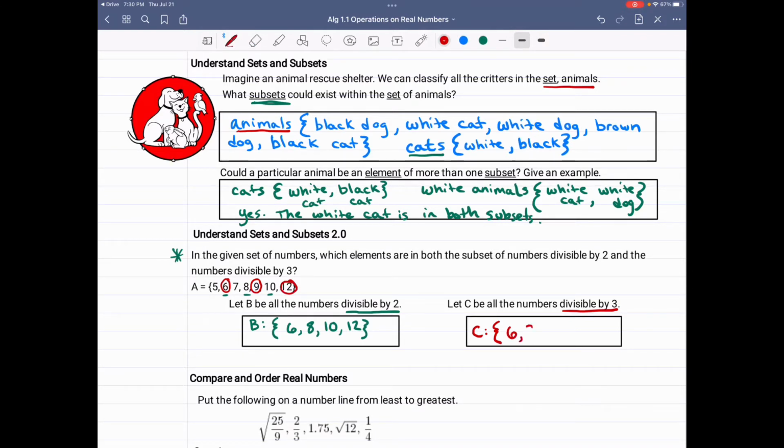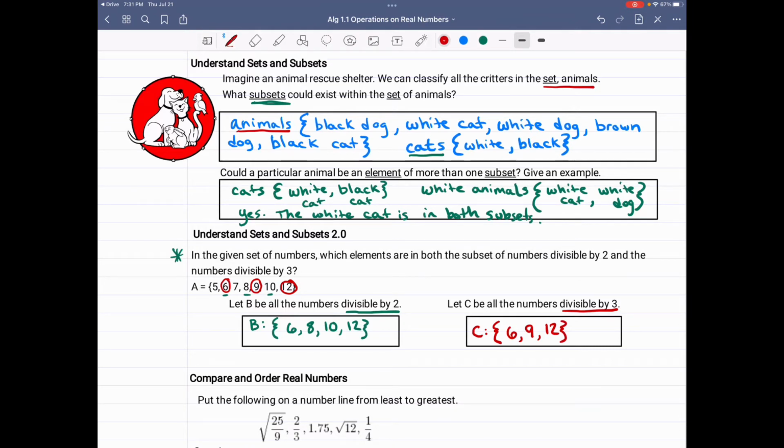Six, 9, 12. Okay, and it asks which elements are in both the subset of numbers divisible by 2 and the numbers that are divisible by 3. So which ones are in both sets?